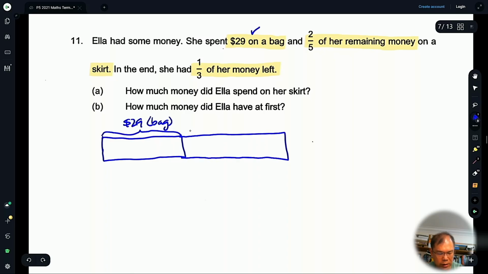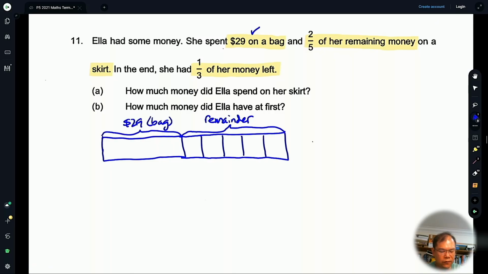This is the remainder. And 2/5 of her remaining money. So that means I must cut the remainder into 5 equal parts. Okay, and 2/5 of it goes to the skirt. So this is for the skirt.